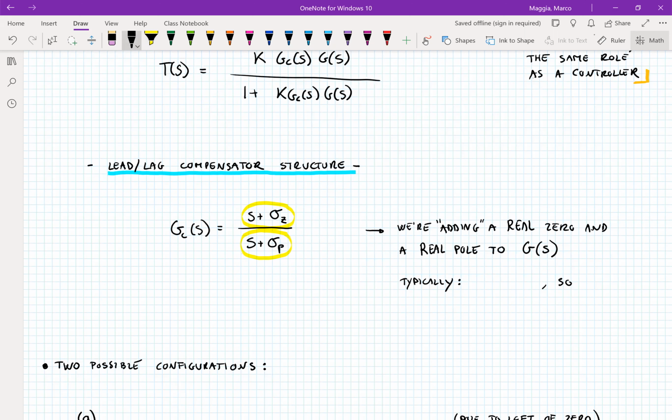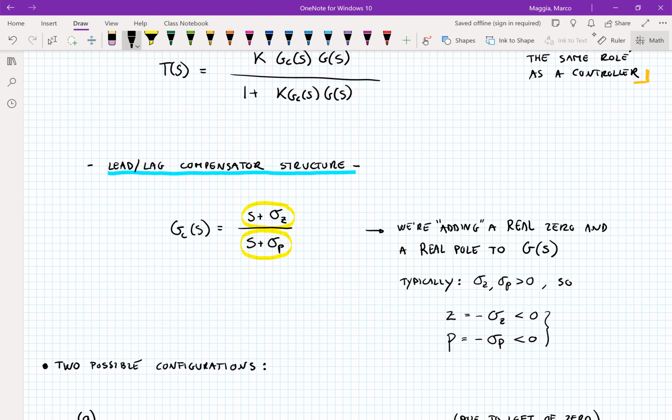So typically the values for sigma z and sigma p are positive. That is, the zero and the pole are both negative. In fact, the location of the zero is going to be minus sigma z, and therefore that is negative. And the pole is equal to minus sigma p, which is also negative.